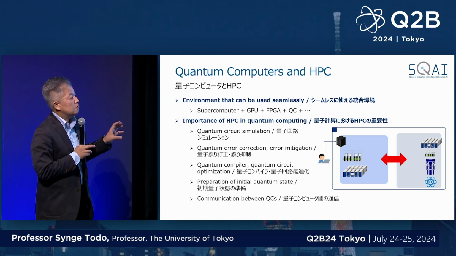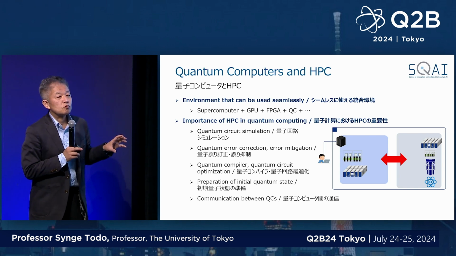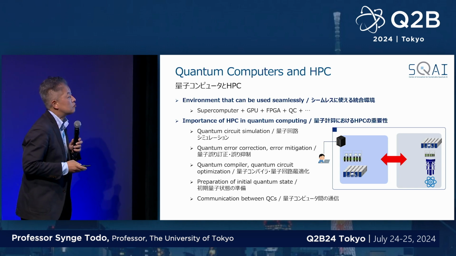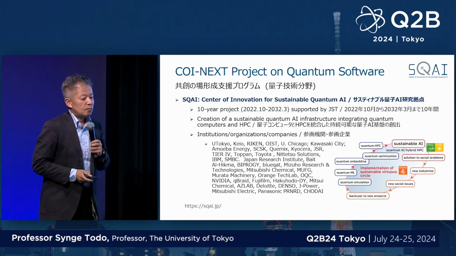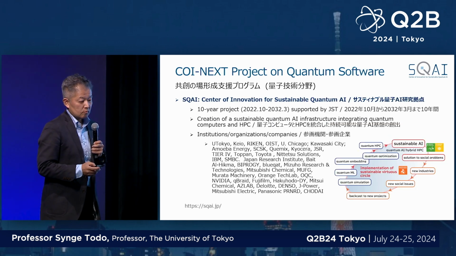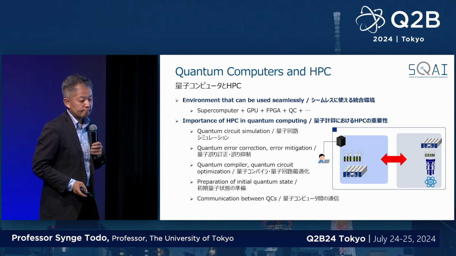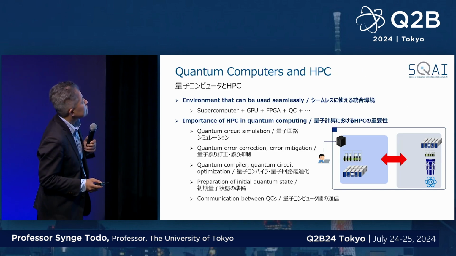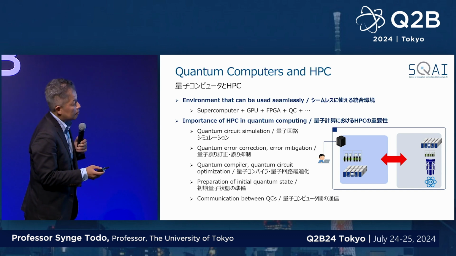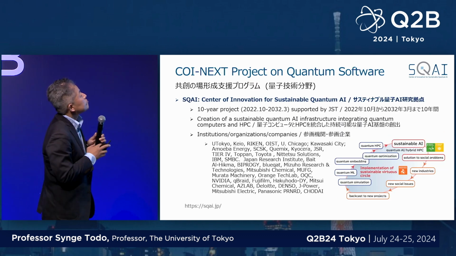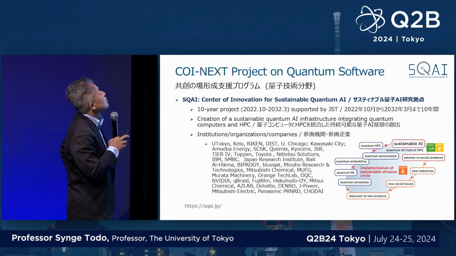There are multiple types of quantum computers, and devices to measure quantum states as well. How can we combine or connect them together? For this connection, we believe that HPC is necessary. So those are the things that we need to give consideration to.